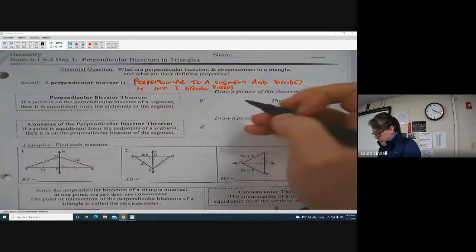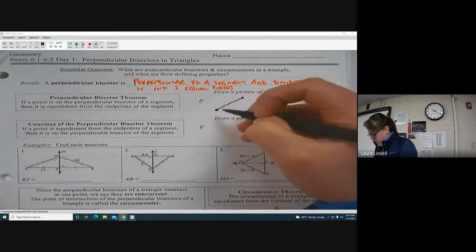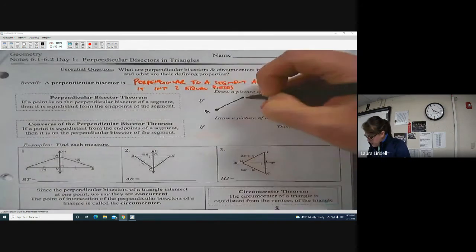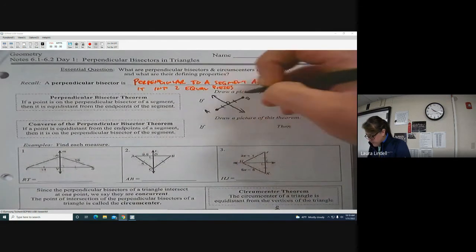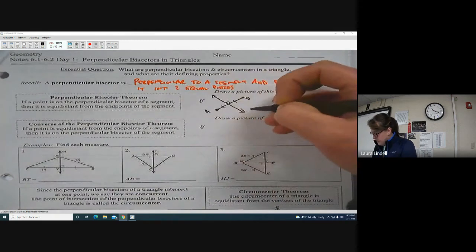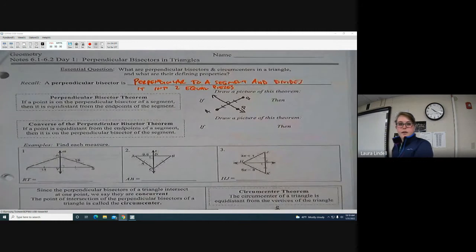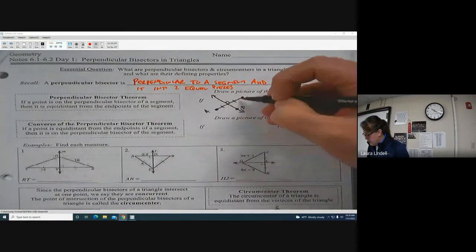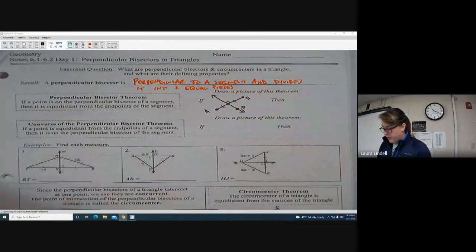If we've got a segment with a perpendicular bisector, so that'll be our segment, and this will be our perpendicular bisector. It's saying that if some point P is on the perpendicular bisector, then the distance from P to B must be the same as from P to A. So we're going to draw that as well.